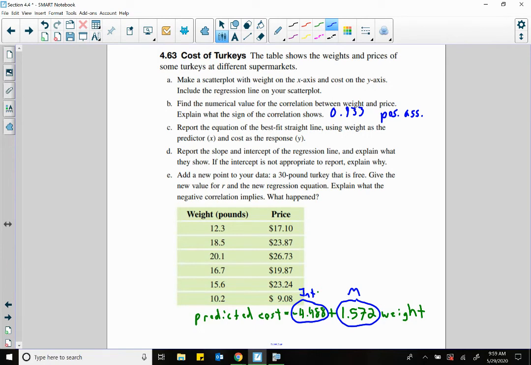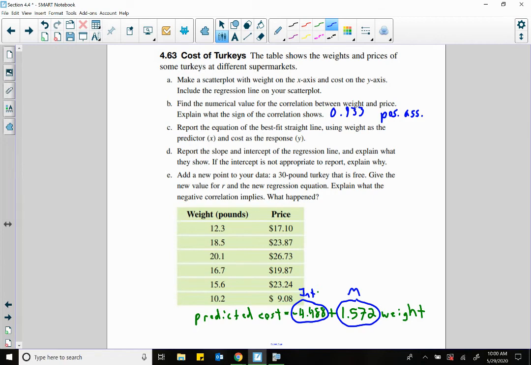So again, the slope right here means that as I increase by 1 pound, the average price increases by basically $1.57. So as I weigh 1 pound more, my price is going to increase by $1.57. So there's the slope, the average price, I should say.